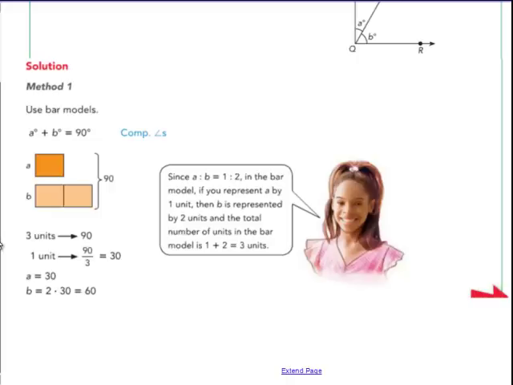So 30 and 60, yes, 60 is twice of 30, makes 90. We would just write 3u equals 90, and then divide by 3 on both sides. So 1 unit is worth 30, 2 units is worth 60 degrees.